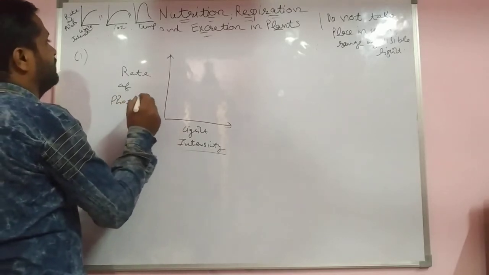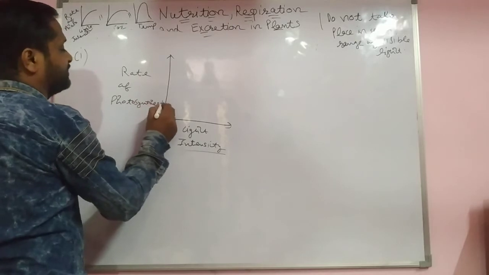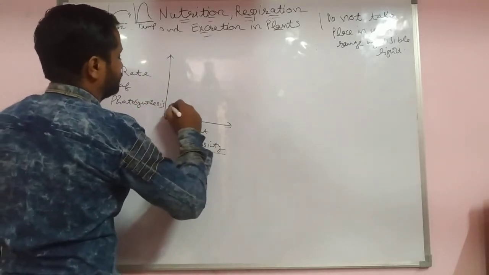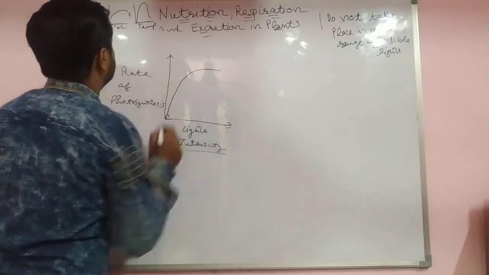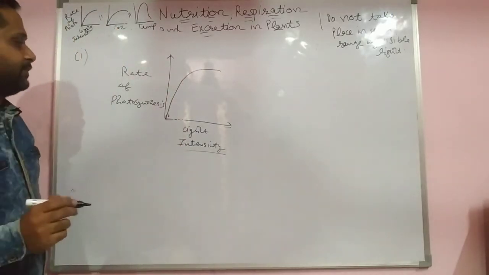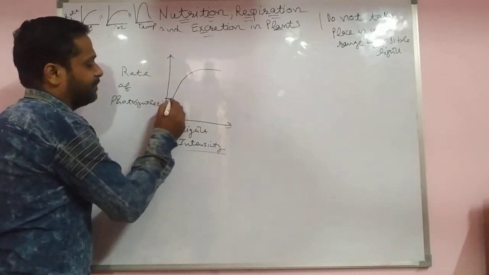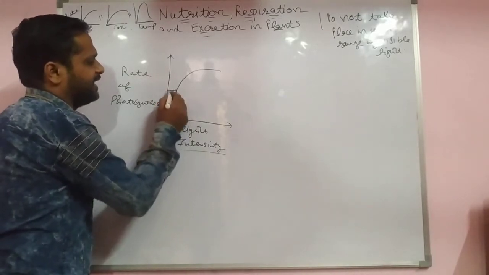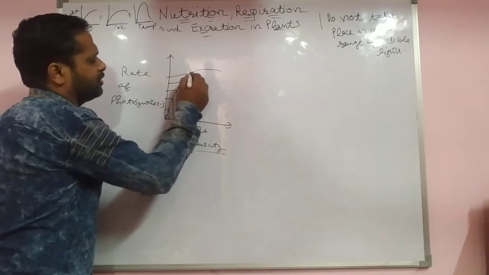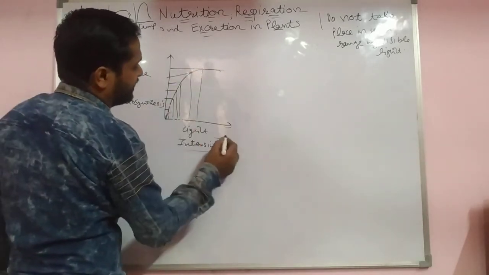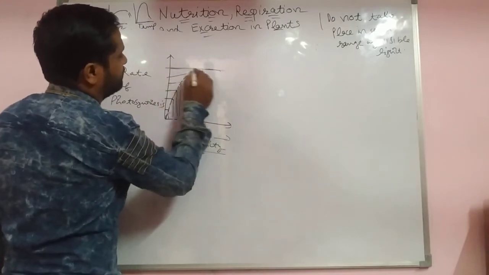The graph is like this. What does it mean? If we increase the light, the rate of photosynthesis also increases, up to a maximum. But afterwards, if you increase the light, the rate becomes constant.